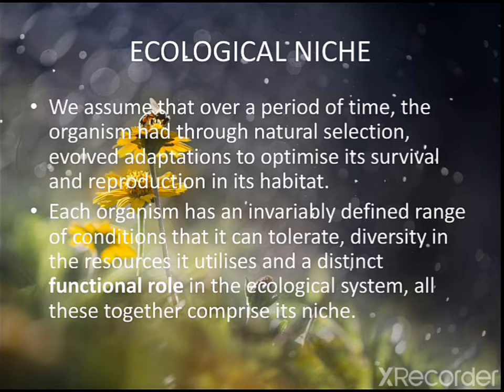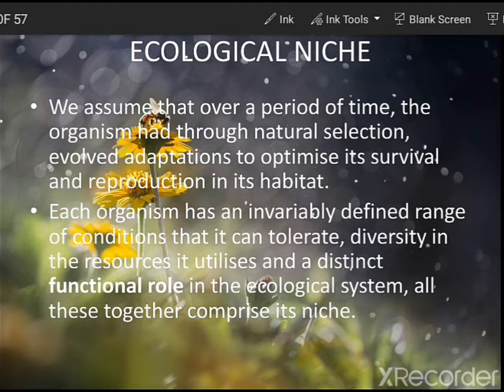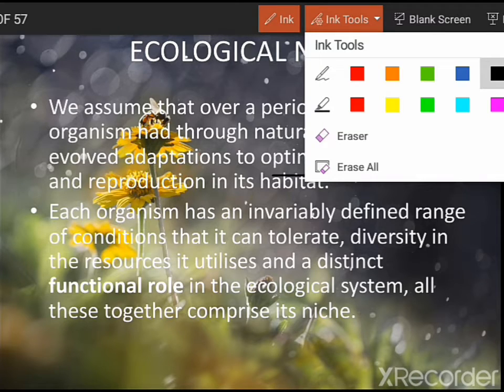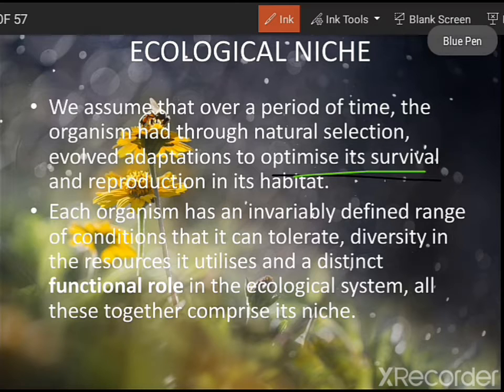Due to this, that particular organism will evolve some sort of adaptations. So over a period of time, as a result of natural selection, that organism gets adapted to that particular condition. Now this organism is fit to live in that particular habitat, and as a result it can optimize its survival. So this adaptation is extremely important because it helps to optimize its survival and reproduction in this habitat.